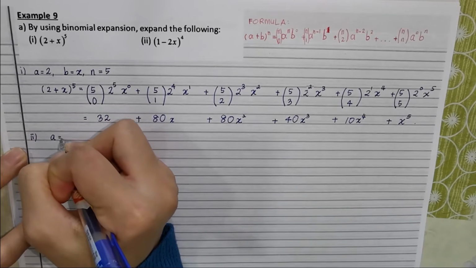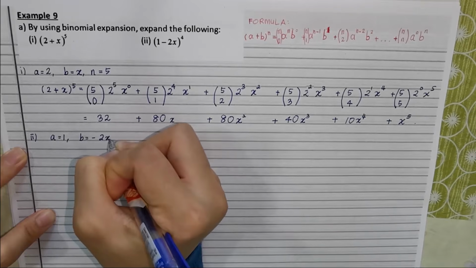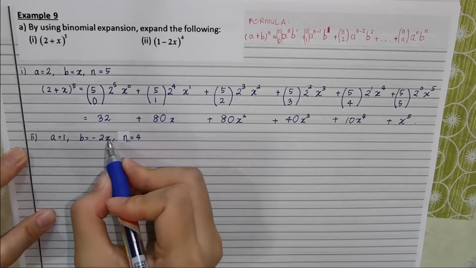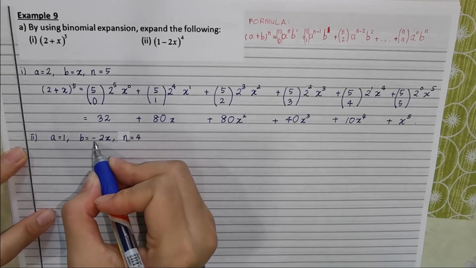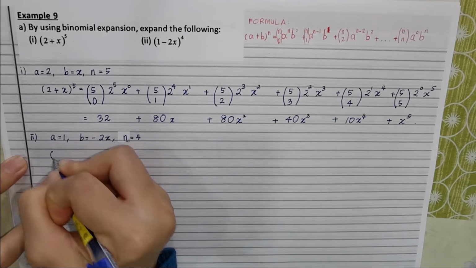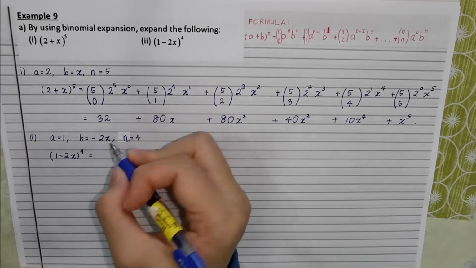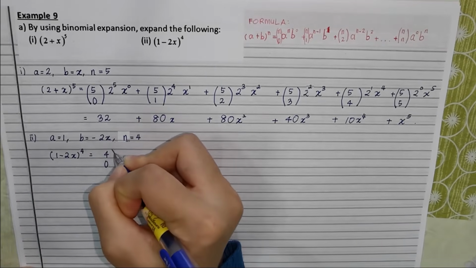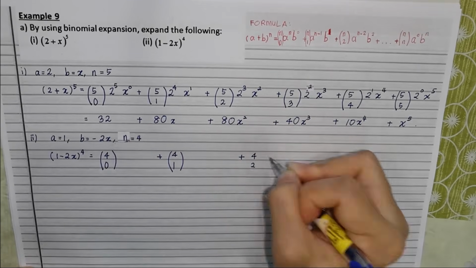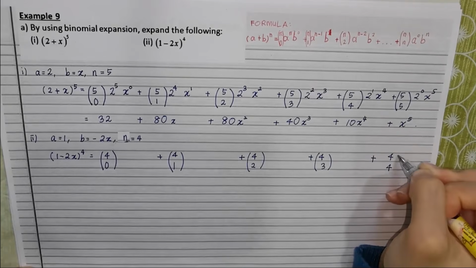Write down: a is 1, b is negative 2x, n equals 4. Please be careful with the negative sign. We always put a bracket for b. Therefore, the expansion starts with 4C0, 4C1, 4C2, 4C3, and the last term 4C4.